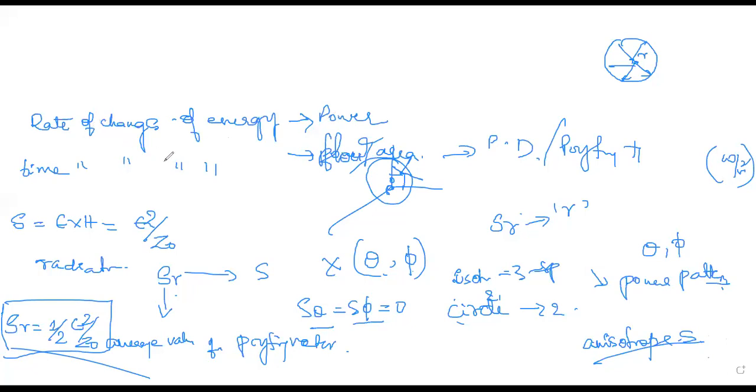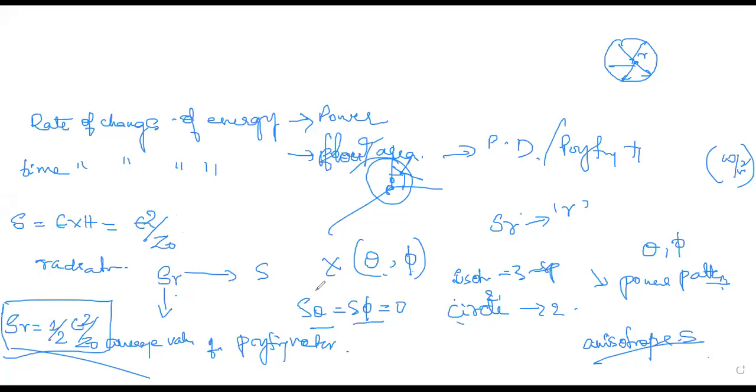The rate of energy flow per unit area is called power density or the Poynting vector, given by S equal to E cross H equal to E square by Z naught. For a point source, only the radial component, taken as SR, will exist, and there will be no components along theta and phi. So S theta and S phi will be equal to 0.